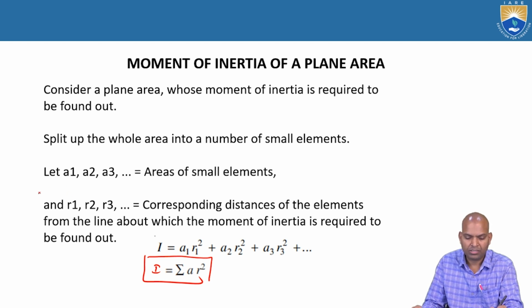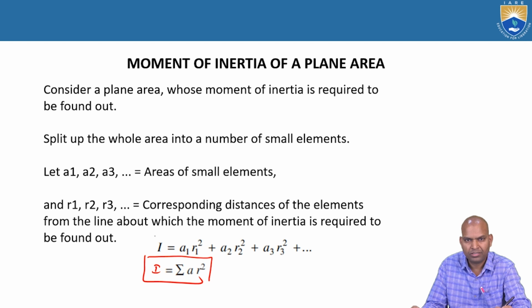The meaning of this is that an arbitrary shaped plane area is converted into small elements having areas A1, A2, A3 and so on, and each area has a center of gravity or centroid. The distances from the centroid to the line about which the moment of inertia is going to be calculated are known as R1, R2, R3 and so on.